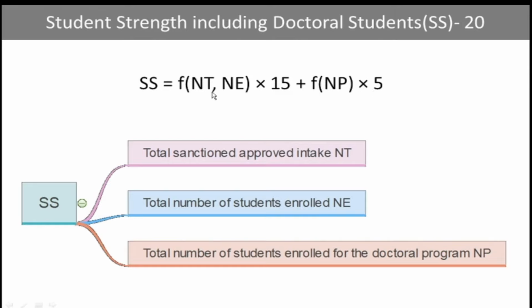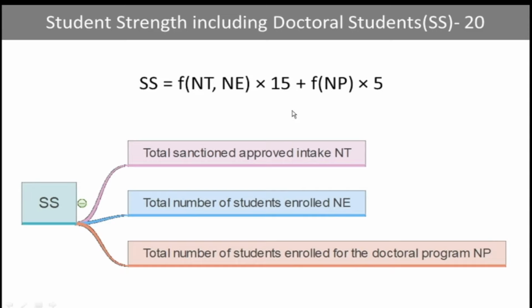Now you have three important numbers over here: NT, NE and NP. What are these? NT is the total sanctioned approved intake of your institution. NE is the total number of students enrolled, and NP is the total number of students enrolled for the doctoral program.